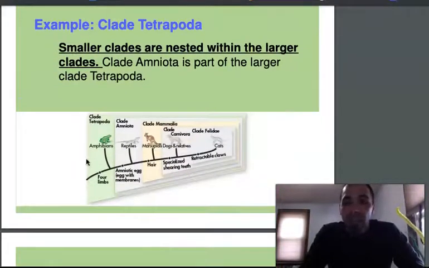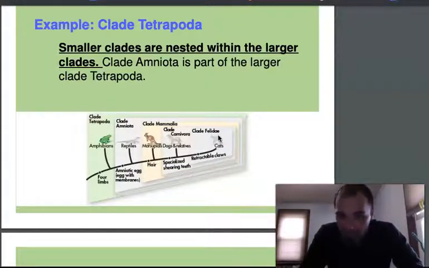Here's another example of a clade. Smaller clades are nested within larger ones. We've got tetrapods, which are your four limbs, reptiles, marsupials, carnivores, and felidae, the cats. How this works is the organism has everything below, nothing above. The frogs have four limbs. They do not have any of these other things. The marsupials have hair, amniotic sac, four limbs.